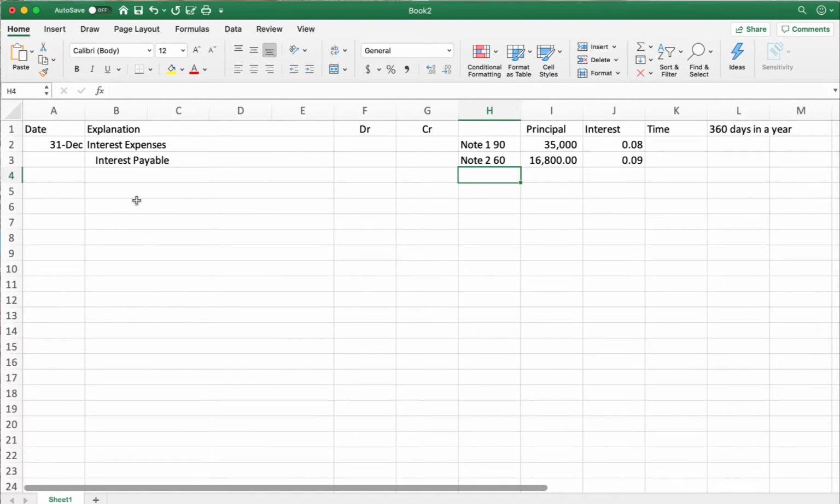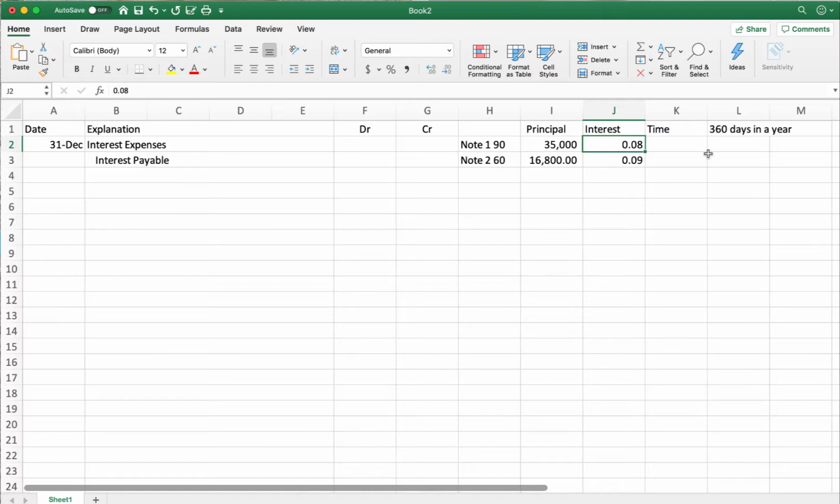So the first one, note 1, was signed on November 25th, 2014. Okay? So I'm looking at this here. November 25th, 2014. We signed a note for $35,000 with an interest rate of 8%. What we need to figure out is how much interest did we accrue from November 25th, 2014 until December 31st, 2014.